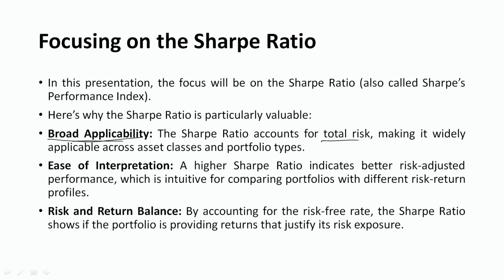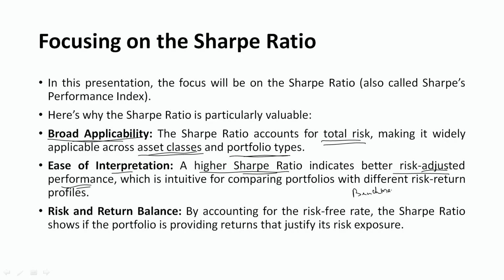It takes into consideration total risk, as I told you in the earlier slide, that is systematic and unsystematic, and since it is taking total risk into consideration, it is applicable across various asset classes and for various types of portfolios which you have constructed or would be constructing. And it is very easy to interpret. The higher the ratio, the better the risk adjusted performance, and a lower ratio would say that it is not at par with the benchmark set.